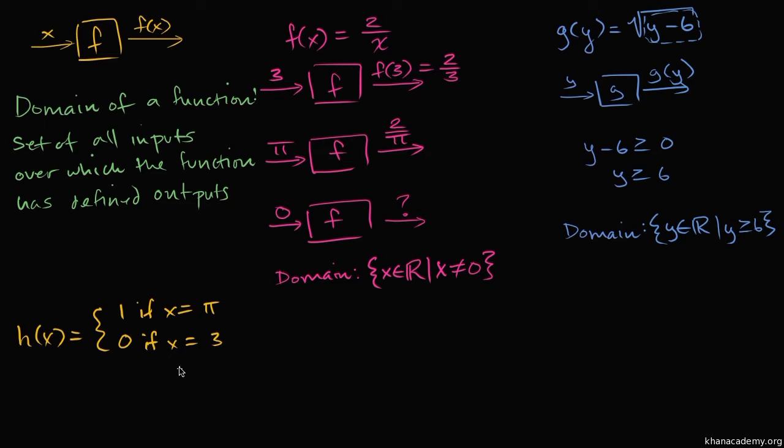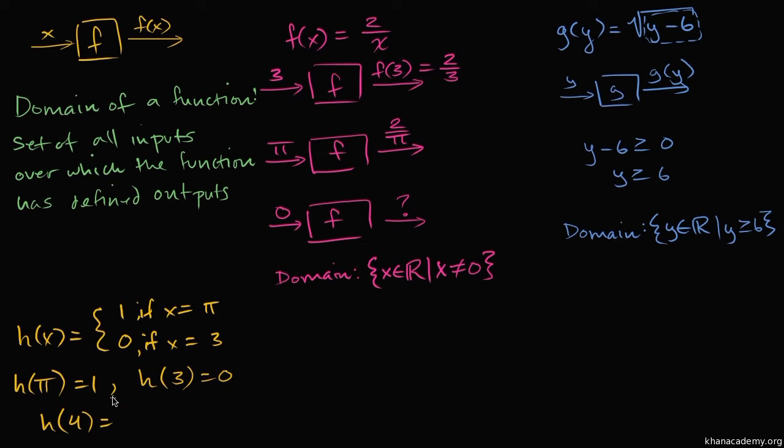Well, this function is actually only defined for two inputs. We know h of pi: if you input pi into it, you're going to output 1. And we know that if you input 3 into it, h of 3, you're going to get a 0. But if you input anything else, what's h of 4 going to be? Well, it hasn't defined it. It's undefined.